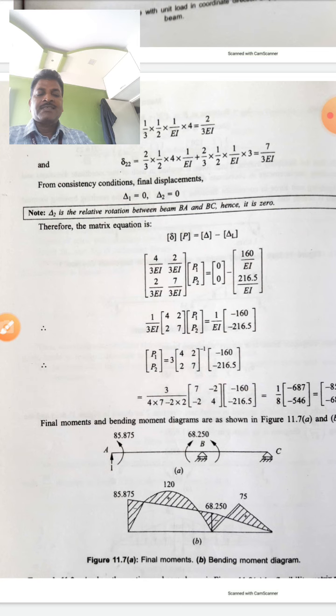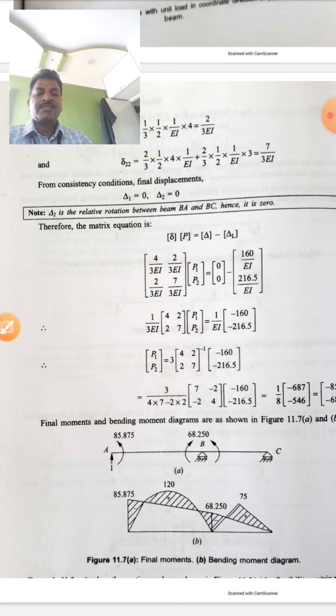The inverse matrix is converted into the normal matrix: 3 divided by 4 into 7 minus 2 into 2, into the matrix 7 minus 2, minus 2 4, times minus 160 and minus 216.5.